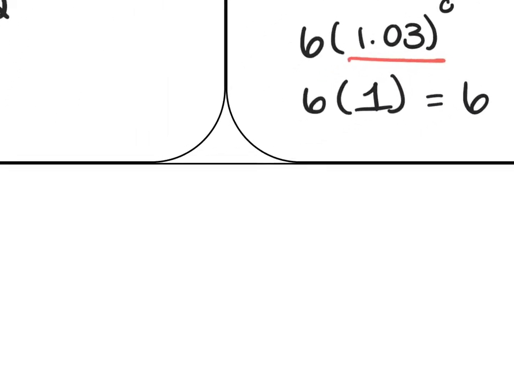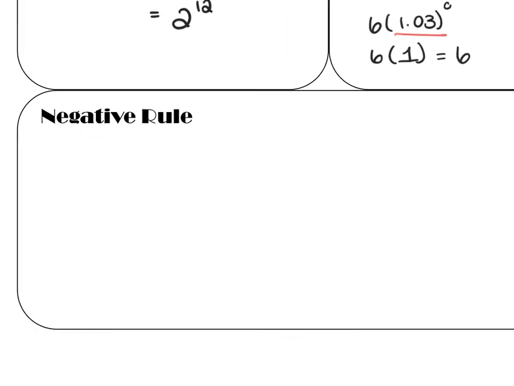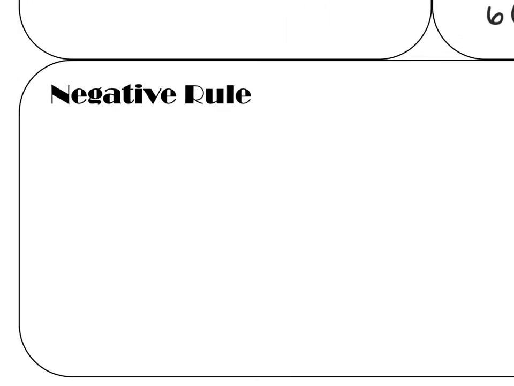And the last rule that we're going to do is the negative rule. There's a couple things to keep in mind when we do the negative rule, but here's what happens. Anytime you have a negative exponent, you're going to take your base and turn it into a fraction. So it becomes 1 over a. And then just by doing that, it turns the exponent into a positive value.